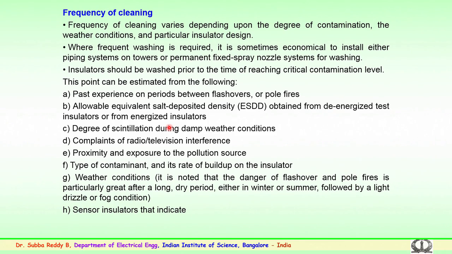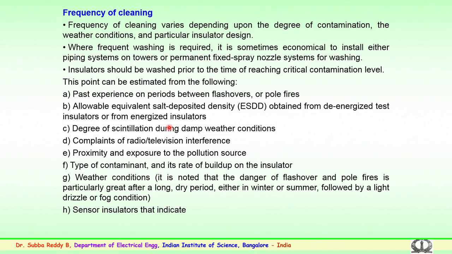How far the proximity is, that is also important information. The type of contaminant and its rate of buildup on the insulators. So, the various types of contaminants which we have discussed, and how fast they build up on the insulator surface, is also an important aspect to be considered.